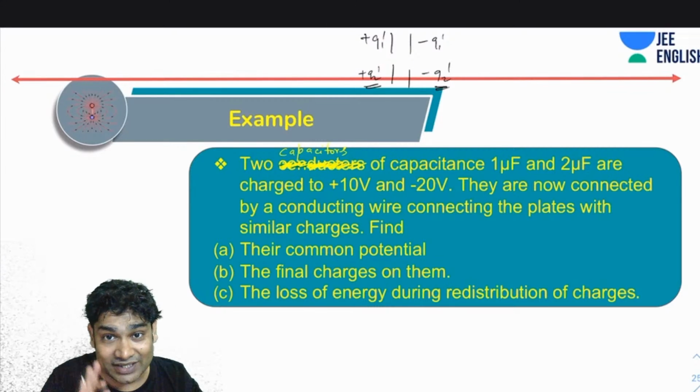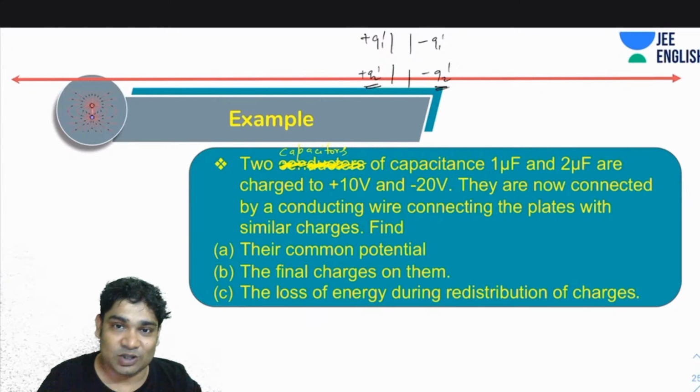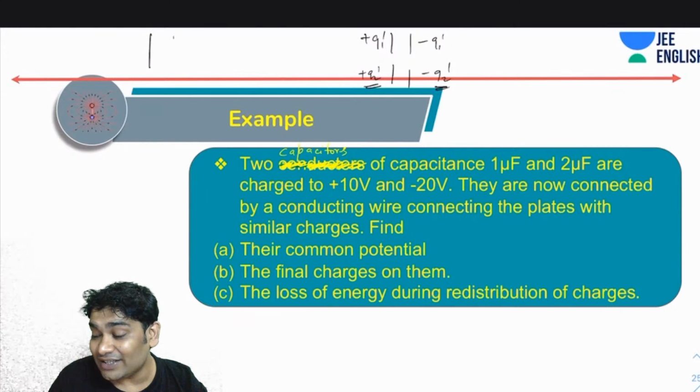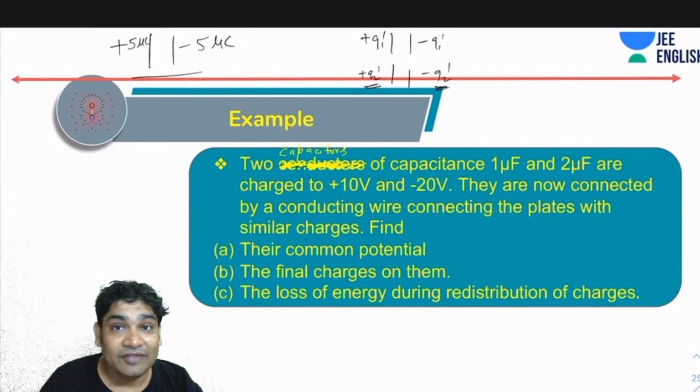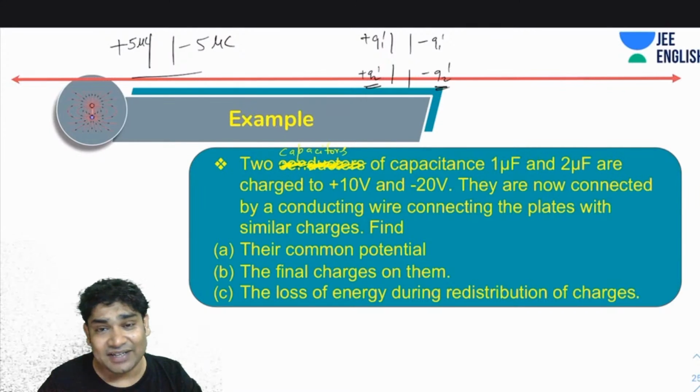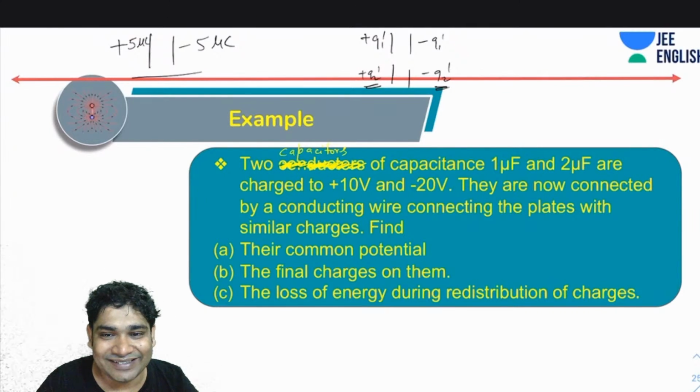So you always mention magnitude in the charges. Never say negative. If I ask you what is the charge on this capacitor, and this has plus 5 microcoulomb and this has minus 5 microcoulomb, we say it is 5 microcoulomb. We only say the magnitude because the net charge is always 0 on any capacitor.